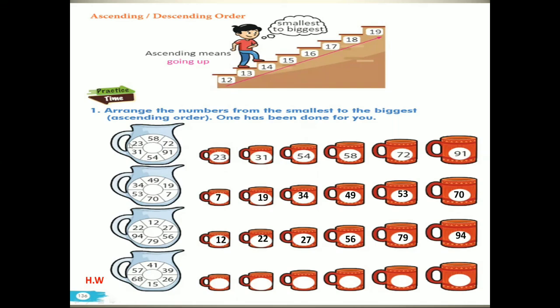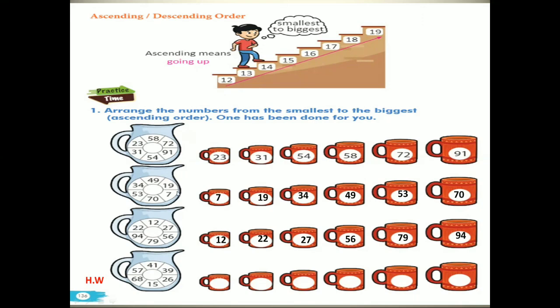The numbers are 58, 72, 91, 54, 31 and 23, and we want to arrange them in ascending order. How can we arrange them? Firstly we have to find out the smaller one, that is 23, then 31, 54, 58, 72 and 91. So this type of arrangement is known as ascending order.